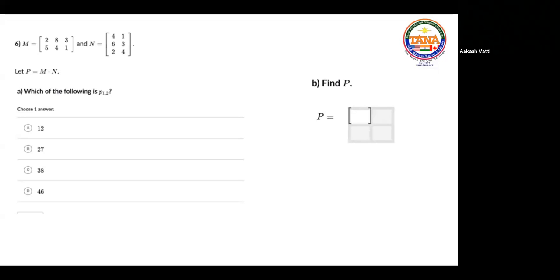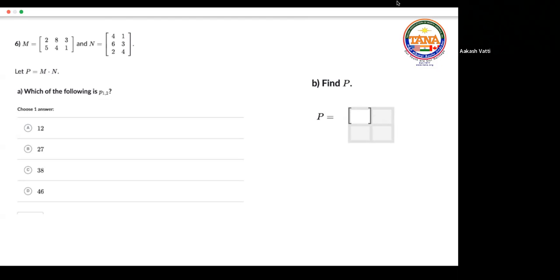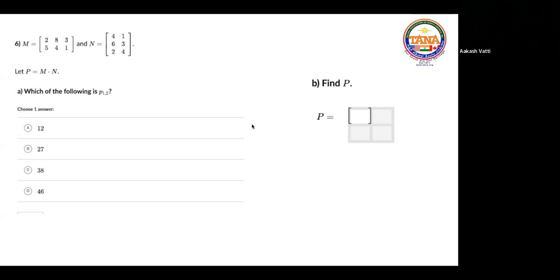So yeah, the way to do this problem is since you want P, we'll just get P as a whole first before we find the individual value. You can get the individual value P of the first row and second column, but I'm just going to do P as a whole because I need to explain how to do a matrix multiplication without messing it up like last time.